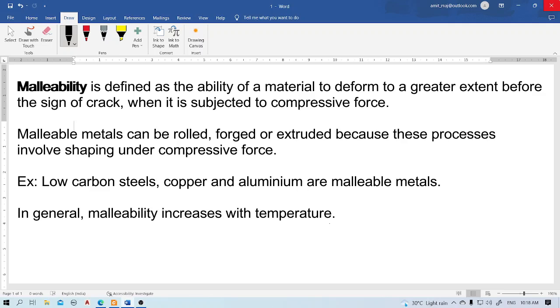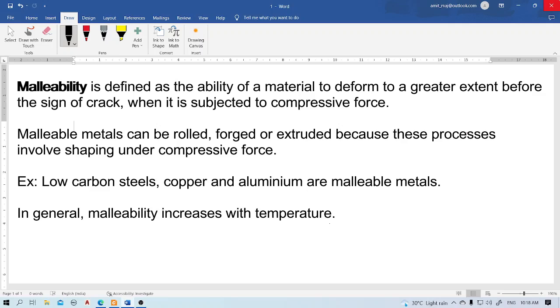Malleable metal can be rolled, forged, extruded, because these processes involve shaping under compressive force. देखो मैलिएबिलिटी क्या डिफाइन कर रहा है कि कॉम्प्रेसिव फोर्स में क्रैक ना होके जो मटेरियल ज़्यादा डिफॉर्म हो सके उसी को हम ज़्यादा मैलिएबल बोलेंगे. क्लियर? तो दिस प्रॉपर्टी इज कमिंग अंडर द कॉम्प्रेसिव फोर्स.